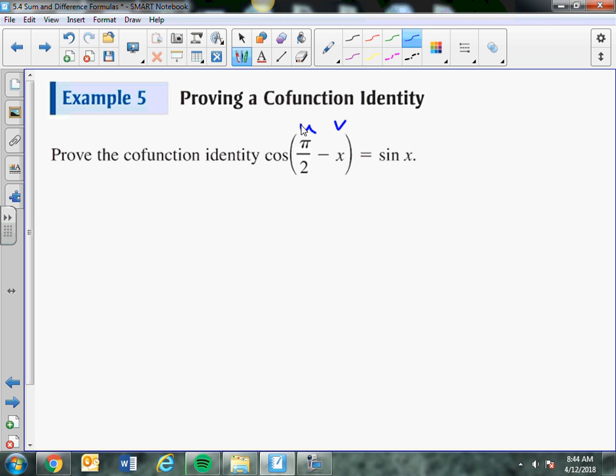In the difference formula, you're going to have a cosine uv, and I'm going to write that out. So the cosine uv would be cosine u, cosine v, and then it would be plus sine u, sine v. Okay, so our u is our pi over 2, and our v is our x.